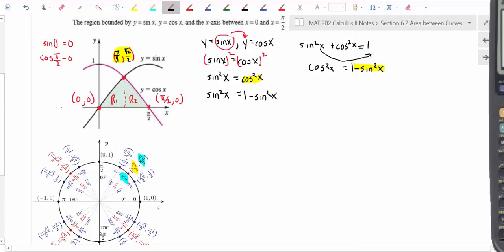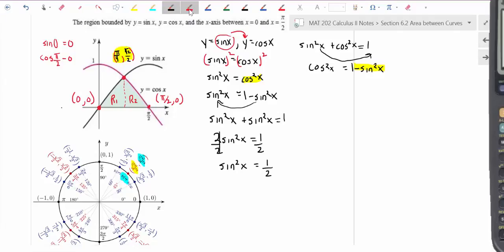I'm just going to move the sine here to get sine squared x plus sine squared x equals 1. So that's going to give 2 sine squared x equals 1. Then I can divide by 2 to get sine squared x is equal to 1/2.